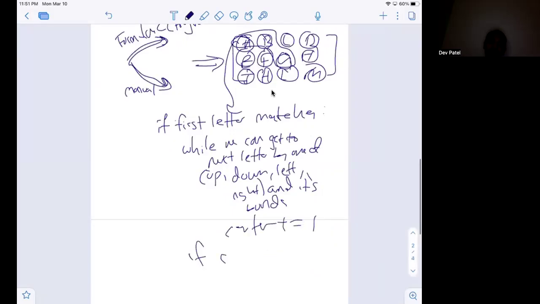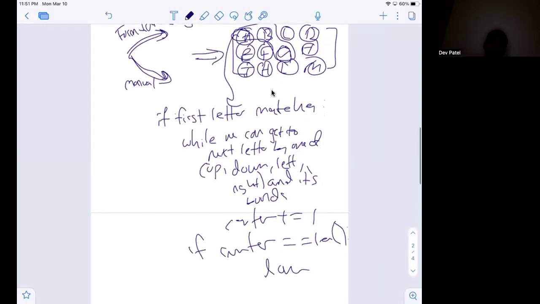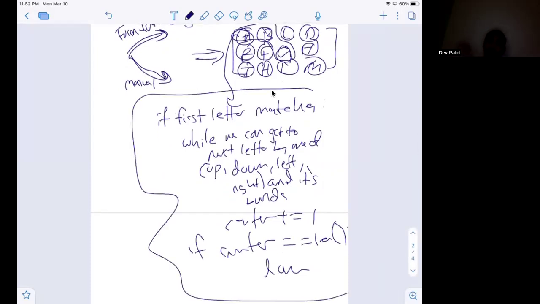And if our counter equals the length of what we're looking for, then we're done. We found it. Then we can return the indices. So this is what we would refer to as a more programmatic way to do this.